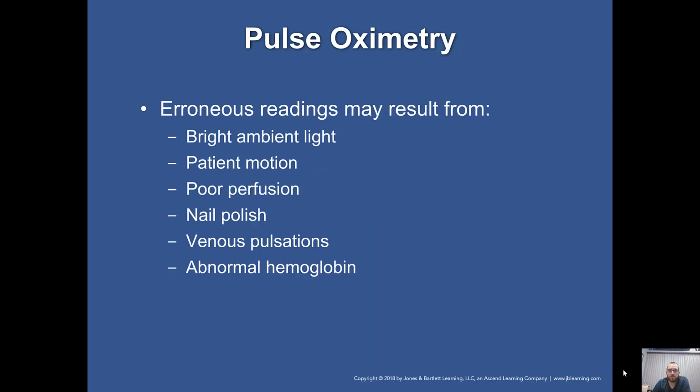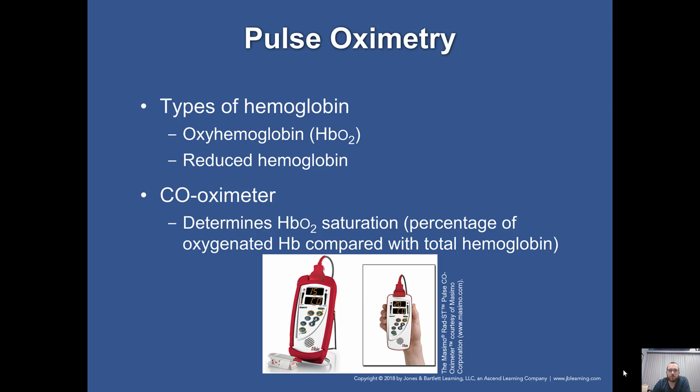And remembering that in pulse oximetry, all it's doing is measuring the percentage of hemoglobin saturated. The assumption that we're making is that it's saturated with oxygen and that we're actually giving ourselves a sense of how much oxygen is actually in the system.